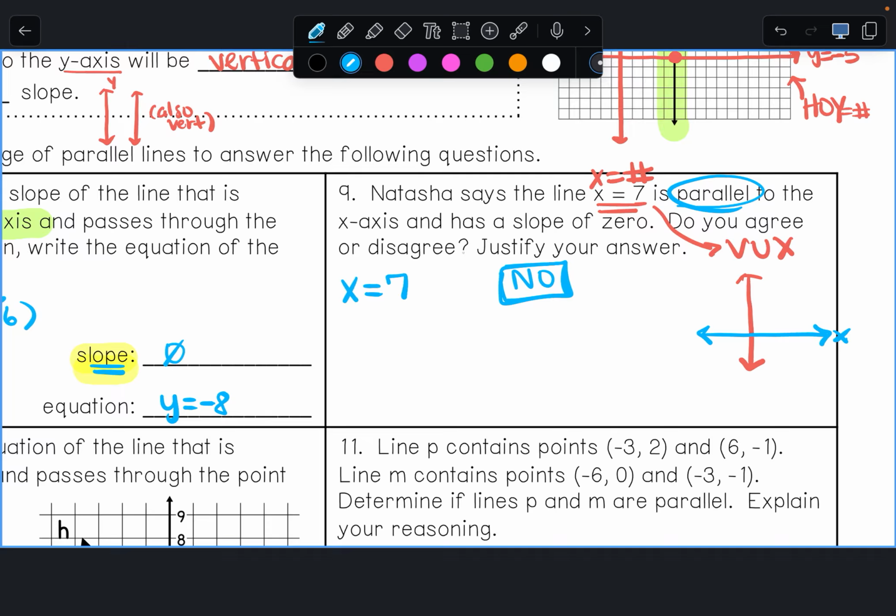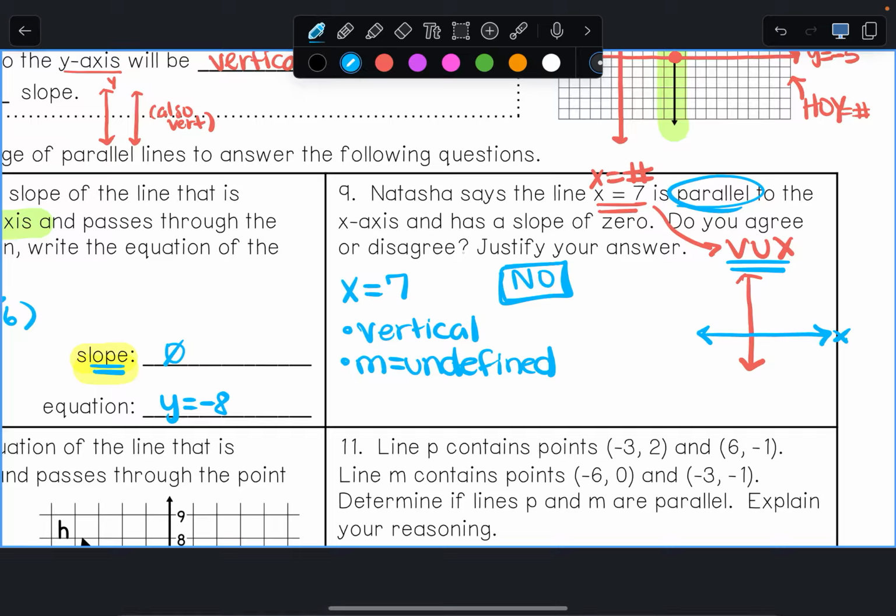We use VUX for it, correct? VUX means that it's a vertical line. And then the U stands for undefined. The slope is undefined. It is not 0. And a vertical line is not parallel to the x-axis. It's parallel to what? The y-axis.